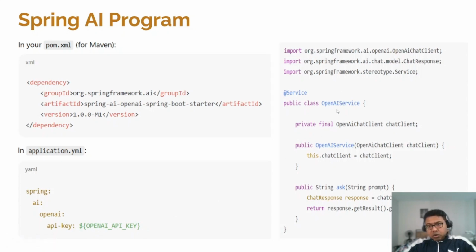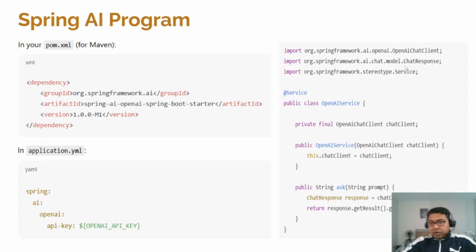And this is the code. This is one service, an OpenAI service. What it is doing is basically using these libraries, this artifact we added, Spring Framework AI. If you see here, the first import statement, OpenAI chat client, is coming from this library.